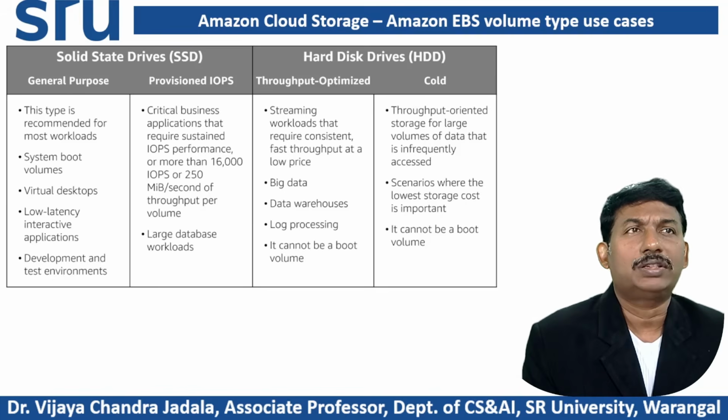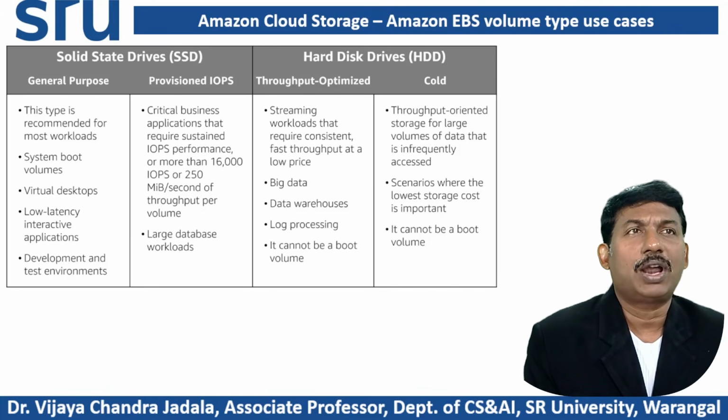Then hard disk drives HDD, that is throughput optimized and cold. Throughput optimized is for streaming workloads that require consistent fast throughput at a low price. Throughput optimized is used with big data, data warehouses, and log processing; it cannot be a boot volume.